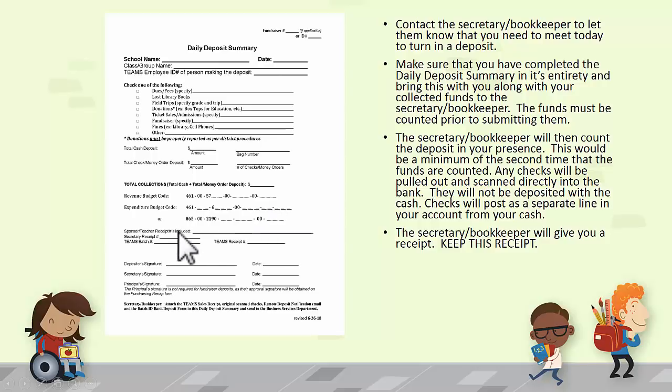If you've collected cash from a multiple of students, you put the range of receipts here, like receipt number T0001 through T00458. The secretary will give you a receipt, and we're going to record that receipt number there. And the secretary will fill in the batch ID and the receipt number. You will need to sign and date it when you turn in the money to her.